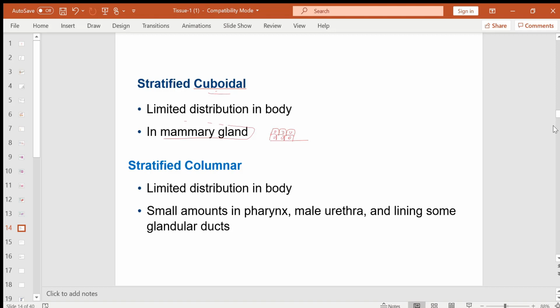Stratified columnar also is very rare, in only a few small areas: you will find it in the pharynx, part of the male urethra, and the lining of some glandular ducts. Since they are very rare, you don't really need to remember, just remember this one. In the female breast or mammary gland, you will find the stratified cuboidal. So this slide is not that important for you to memorize. Okay.